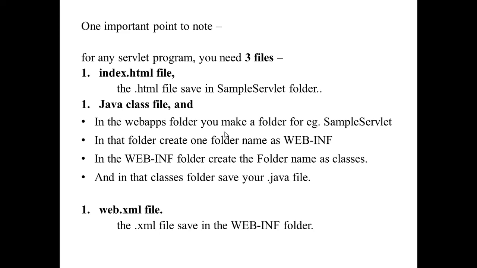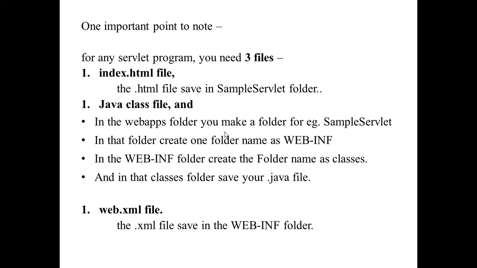My folder name is sample servlet. Then in the sample servlet folder, we create one folder WEB-INF, and in that WEB-INF folder create one more folder named classes, and in the classes folder we save your Java file. So likewise the directory structure is fixed.